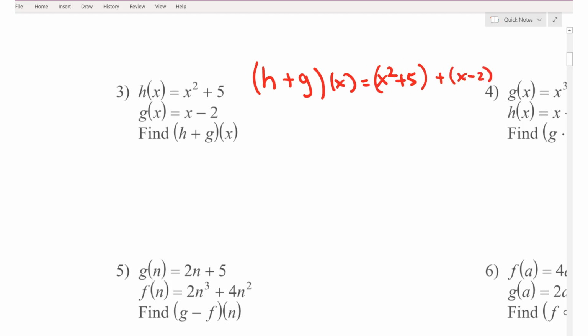You don't have to put the parentheses, but I did. And remember, you want to use the highest exponent first. That's standard form. You have x squared plus x. Now you have 5 plus negative 2, so it's plus 3. So we have h plus g of x equals x squared plus x plus 3.